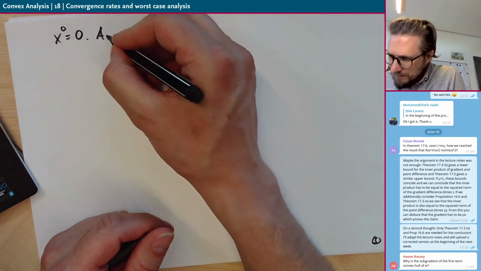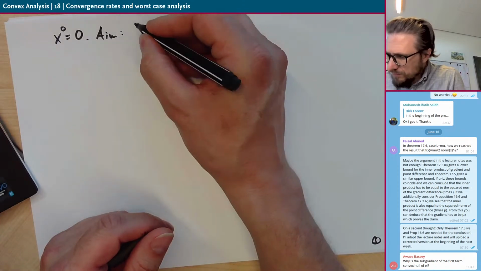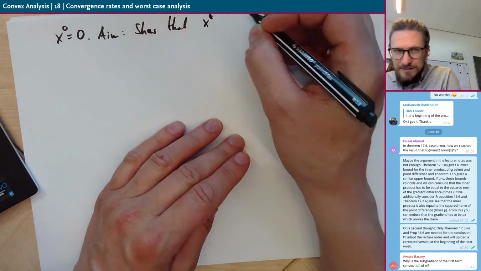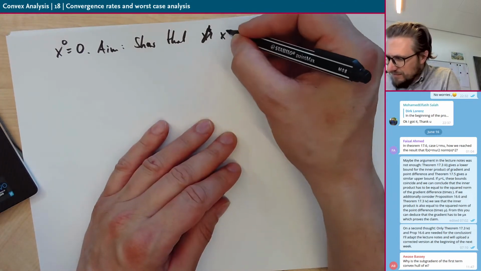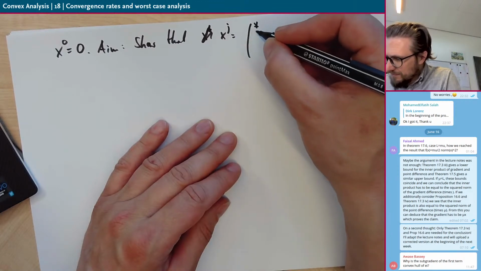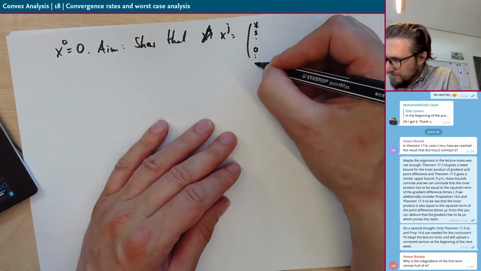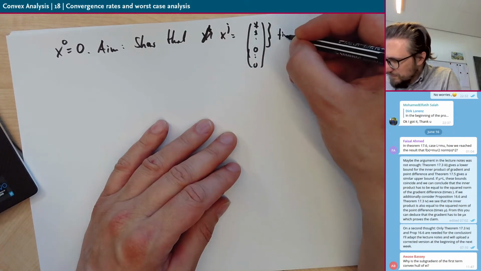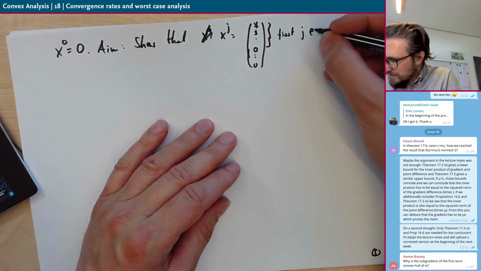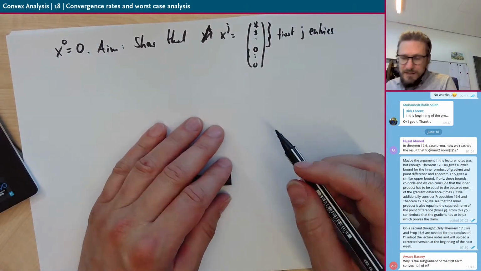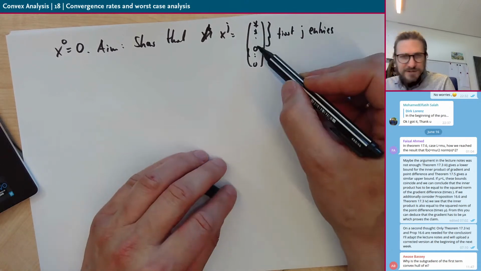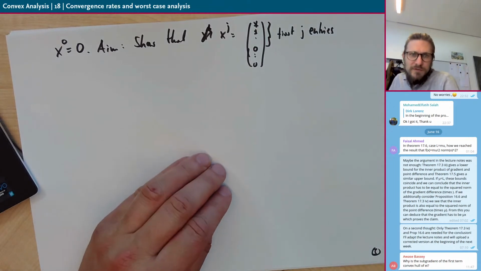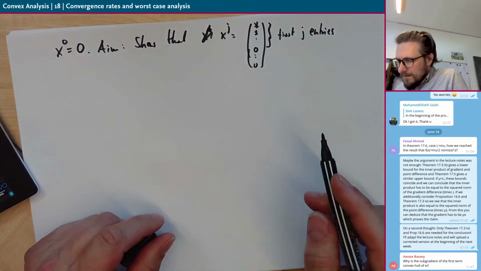And so our aim is to show that any x_j is of the form where we have entries here, but in the end we only have zeros. And these are the first j entries. So we want to show that only the first j entries can be non-zero, no matter how we do, as long as we only move in the directions of the subgradients.